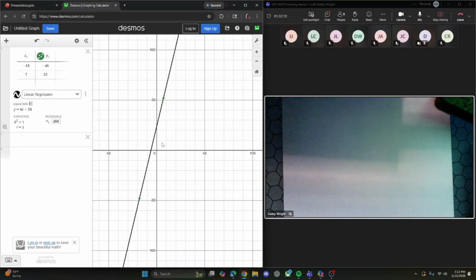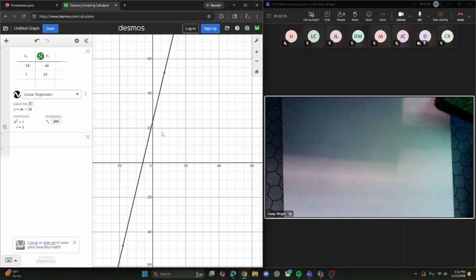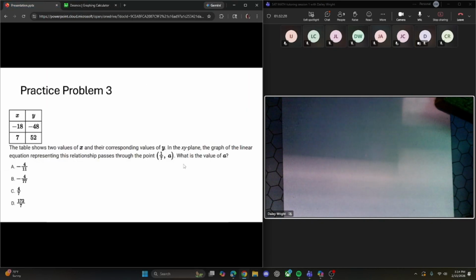So there's a few ways you could do this. First, you could type out the equation. I think if you click this book thing, it puts it out for you. Yeah, if you click the book, it puts it out for you. So it says the relationship passes through the point (1/7, a). 1/7 is the x.